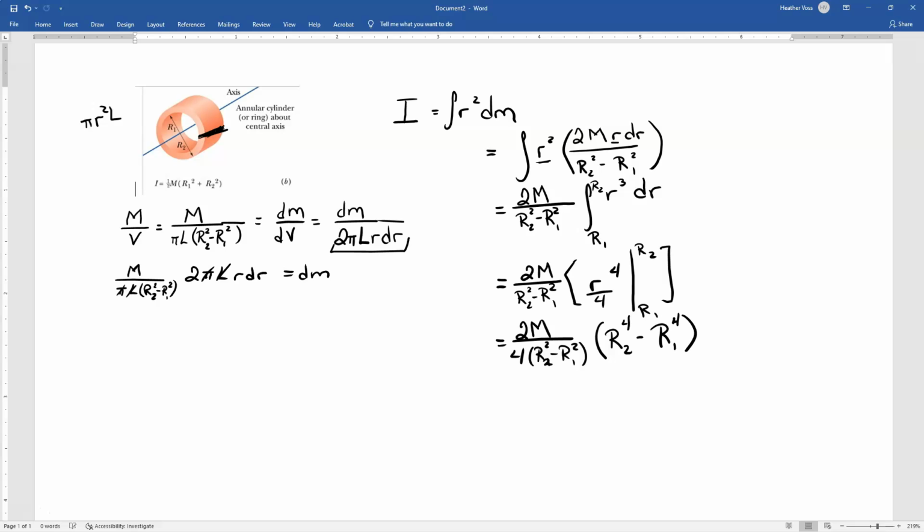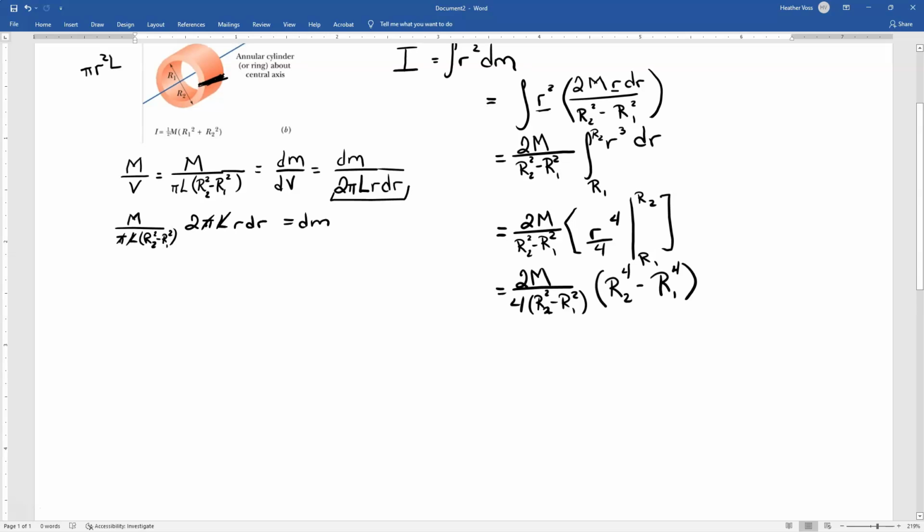Now you're probably thinking this looks absolutely hideously evil. There's no way I can simplify this. Oh, but we can. So 2 over 4 is going to give me 1/2. I'm going to have mass over r2 squared minus r1 squared. Now this to the fourth, this is a difference of perfect squares. So go back and channel Algebra 2 class.